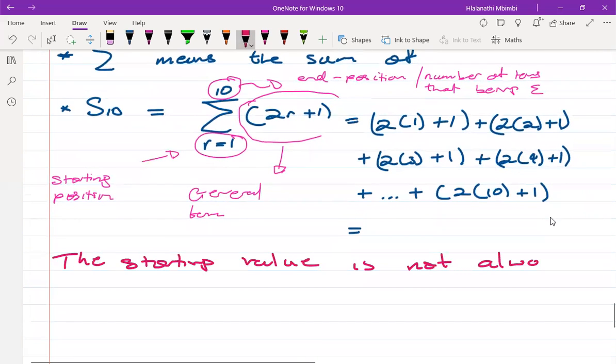It's always important to then think about what happens when the starting value is not 1. So just look at it and think about it. I'm sorry guys, please think about it. What could be a problem when the starting value is not 1?